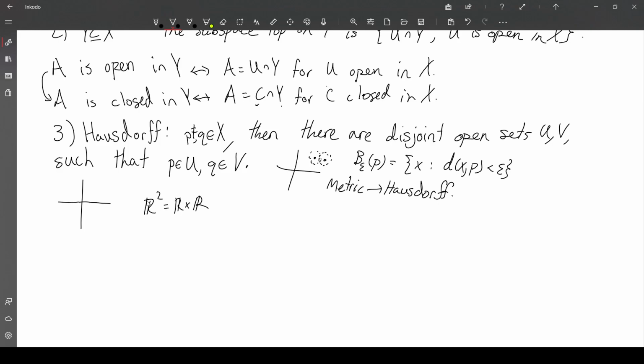But when you have an infinite amount, the definitions kind of diverge from each other.